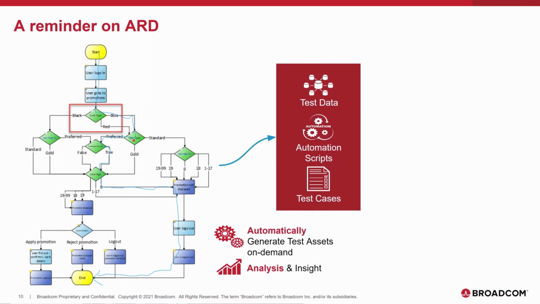So if something changes, for example, if instead of gold being something where we show the promotion, gold now means we don't show the promotion, what does that imply for all of the test cases I might have already generated? Well, a model can calculate that for you and generate all of the new tests you need and remove all of the old tests you don't need based on that change automatically, and then push out all of the new automation automatically to match as well.